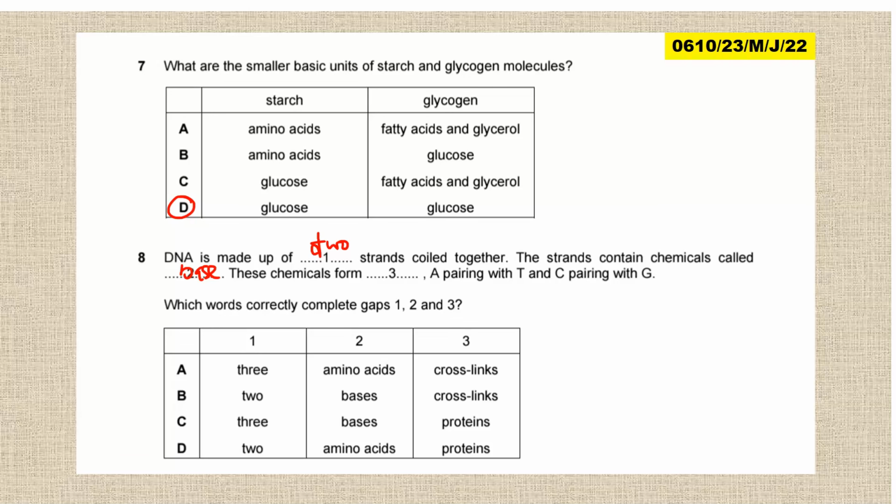Okay, so cross links. So we are looking for 2 strands, then bases. It's made up of 2 strands of bases cross linked. So the answer is B.